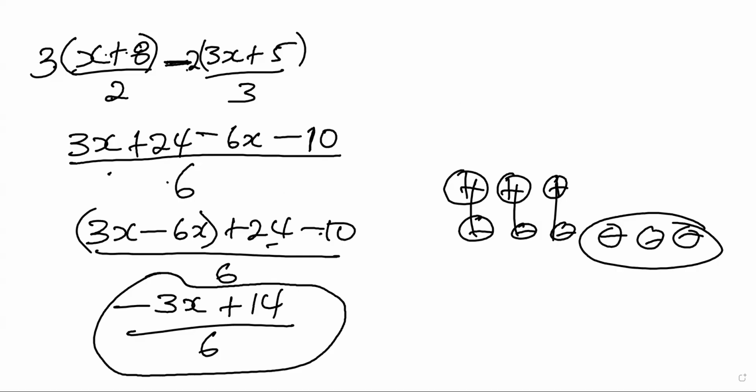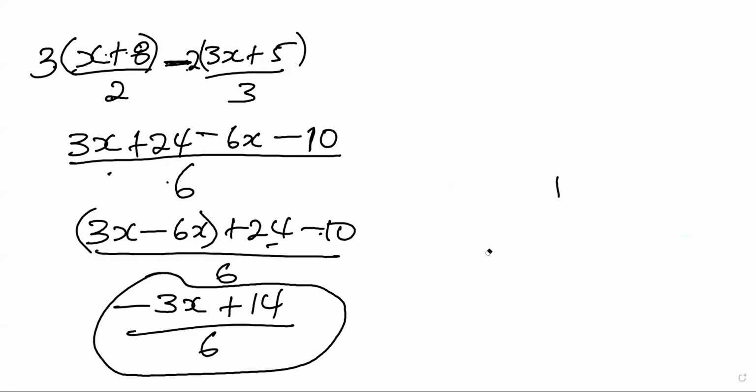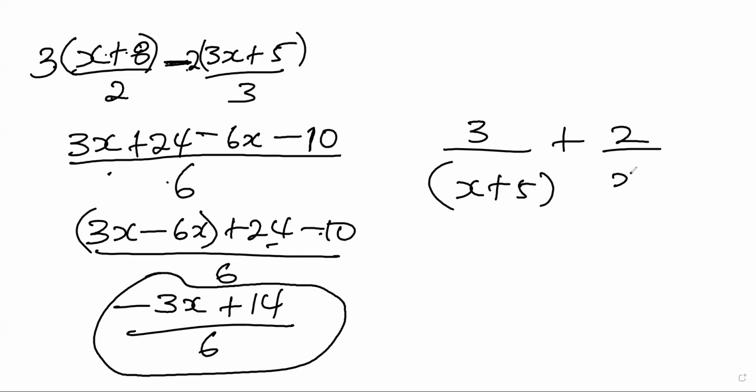Let me just give you a little something. Sir, you gave me positive 3, but it's negative 3 in the book. I saw the 3x, but I never saw the negative. Let me look again.